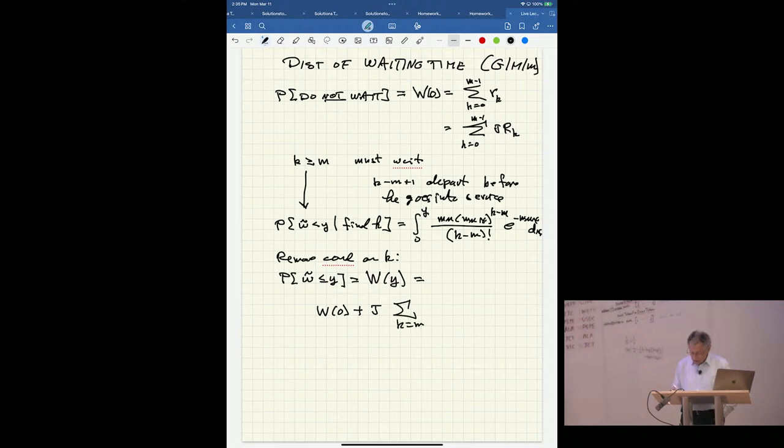K equals m to infinity. That's how many could be there. And then I'm going to integrate what I had before, the number arriving in that period, the same factor here, mu x to the k minus m over k minus m factorial.